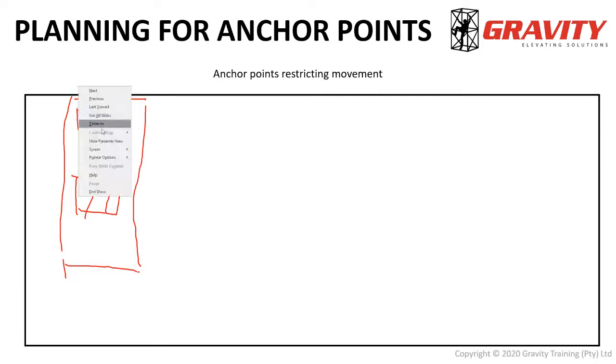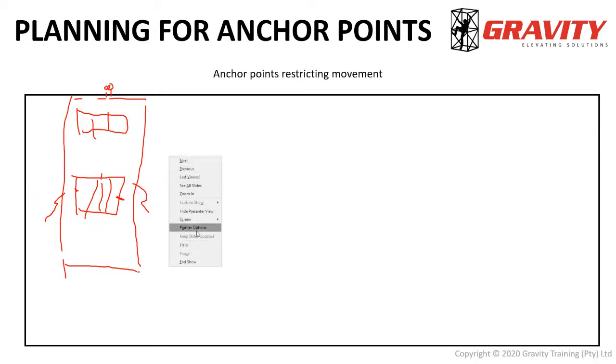So the other option then, of course, is to install the anchors in the middle. So now the guy can have access to the middle of the building and then some access left and right, but not to the far edges of the building, but he should be able to reach about there and the middle without too much hassle. Okay, but again, that would involve him incorporating some small swings perhaps, or some other form of work positioning to allow him to work on the edges of the site.